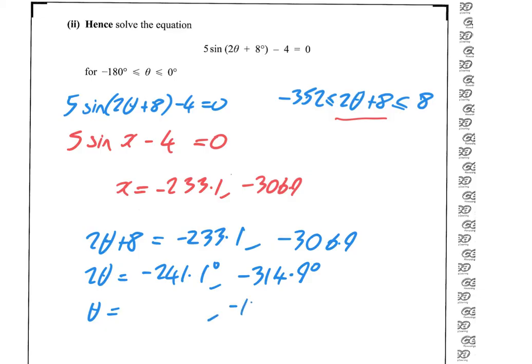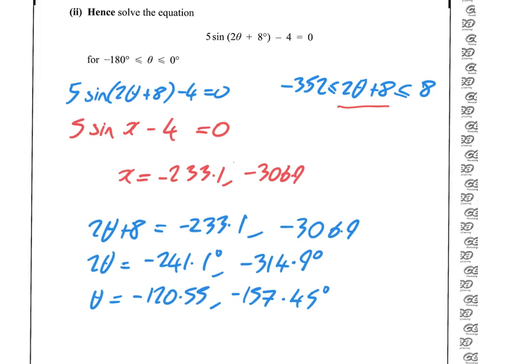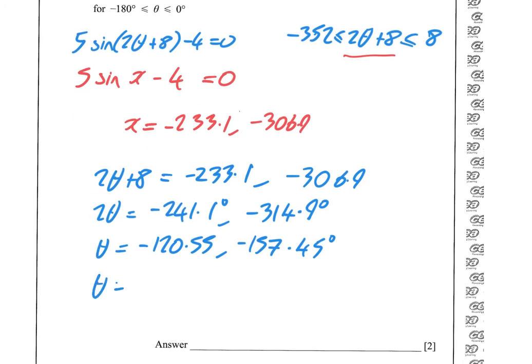So 241.1 divided by 2 is going to be minus 120.55. So our answers then, to 1 dp again, are minus 120.6 degrees and minus 157.5 degrees.